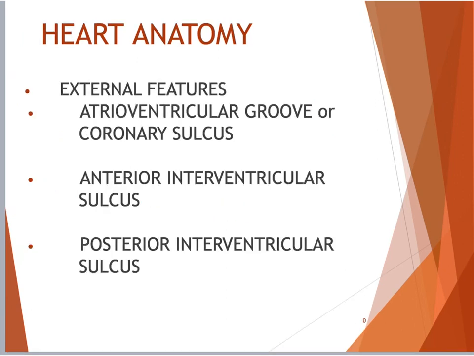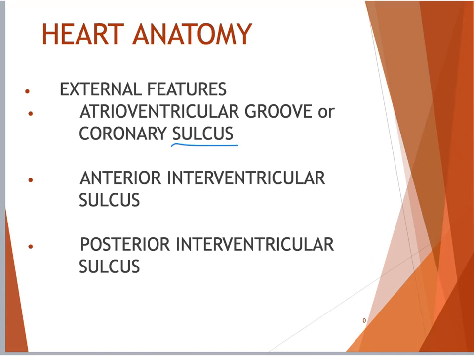Now, when it comes to the external features of the heart, we're going to learn a few grooves that exist on the outer surface of the heart. Now, these grooves, sometimes referred to as sulci, or sulcus is one, are created by blood vessels that surround the external heart.